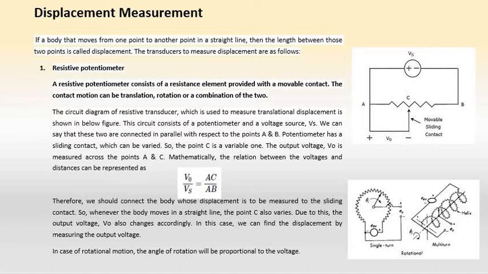The transducers to measure the displacement are the devices which we are going to discuss below. The first one is the resistive potentiometer, which consists of a resistance element provided with a movable contact, and the contact movement can be translation, rotation, or a combination of the two.